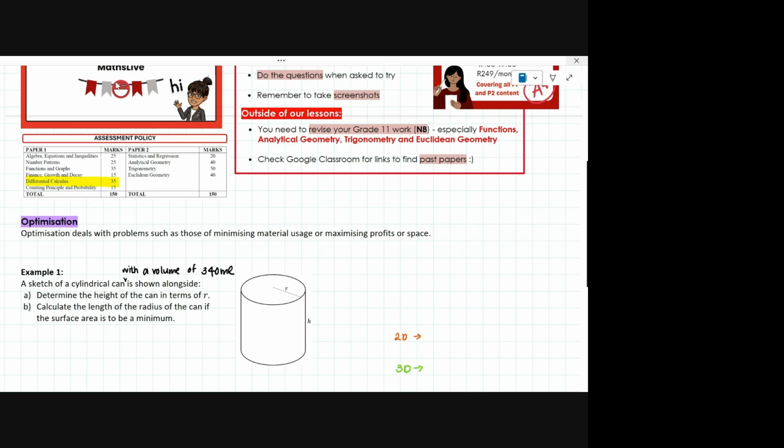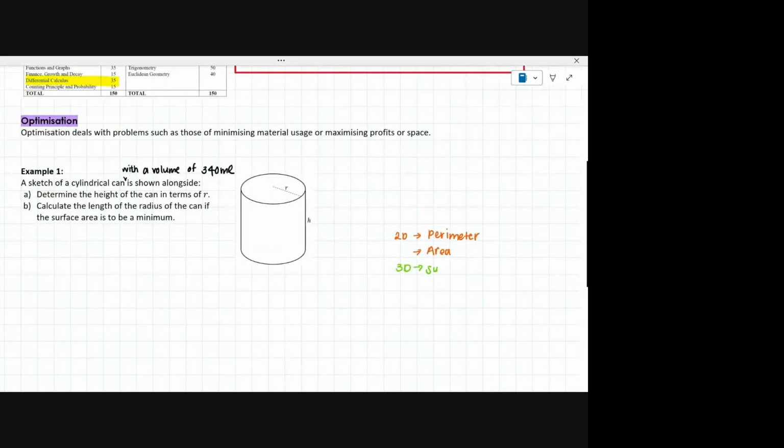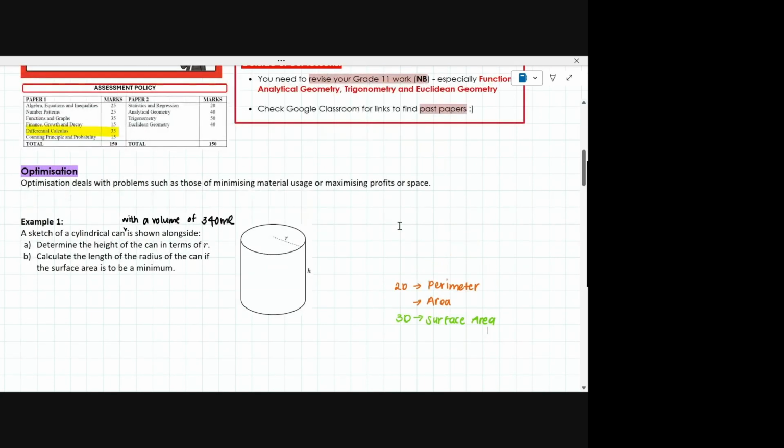So for 2D shapes, these are flat shapes. The formulas that you would work with have to do with the perimeter of the shape and then the area of the shape. Those are really the only two measurement calculations that we can do when it comes to 2D shapes. When it comes to 3D shapes, it is surface area and volume. Those are the two measurement calculations we can do.